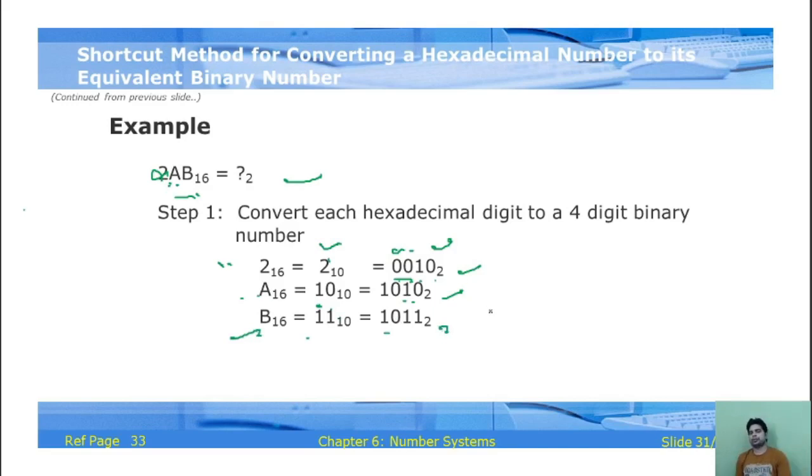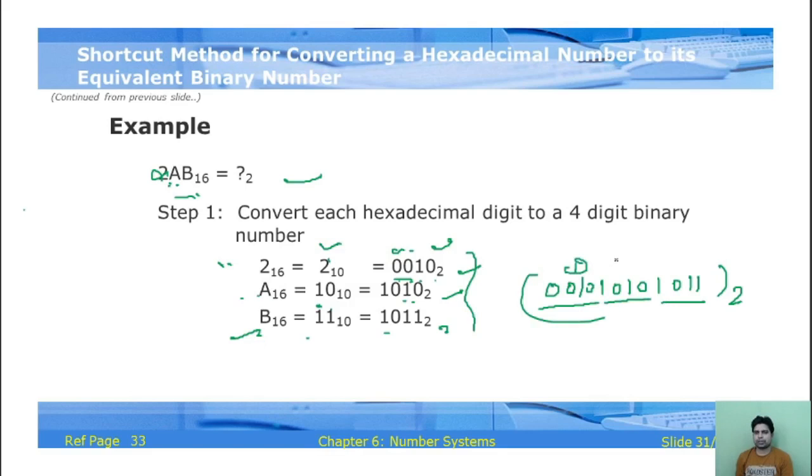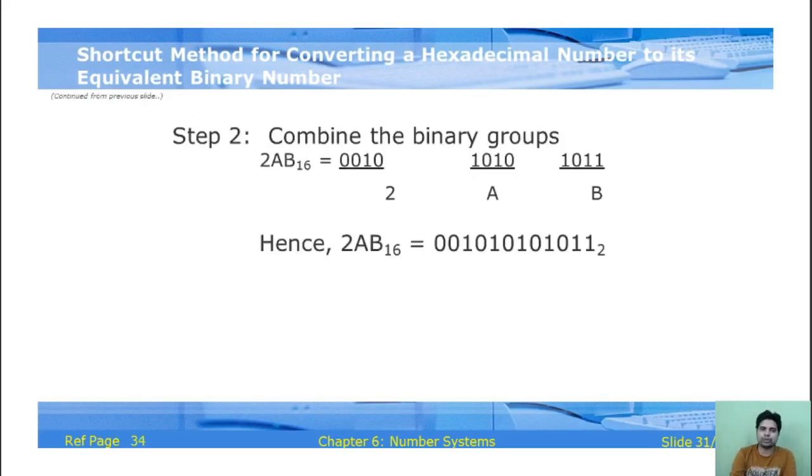Here we convert all the digits, so it can be written as 0010, 1010, 1011, and this is the binary. This is the first part, this is the second part, and this is the third part. All three parts are converted. So hexadecimal to binary is easy.